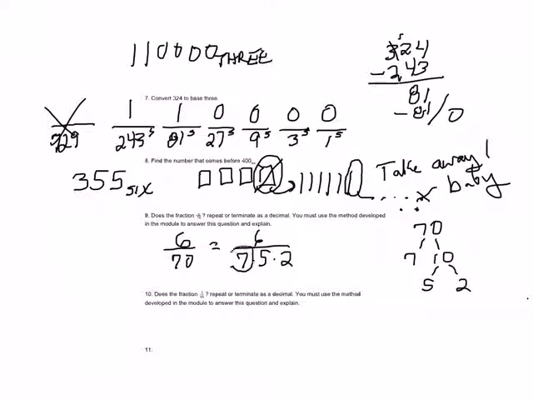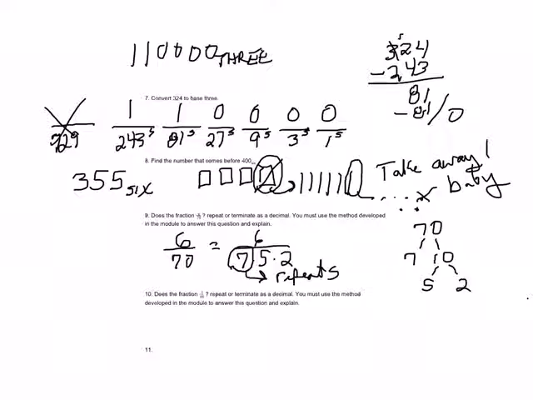This 7 right here tells me it repeats. To terminate, the only numbers that can show up in the denominator are 5s and 2s. All right, so this one has a 7 thrown in there. Anything other than just a 2 or a 5 is going to make it repeat. So this repeats.